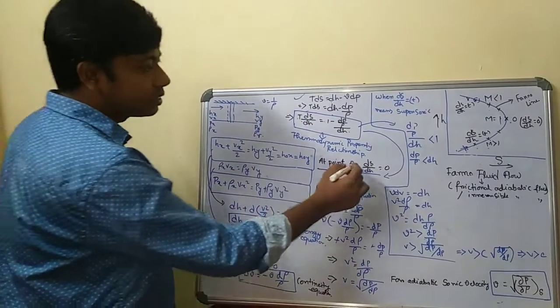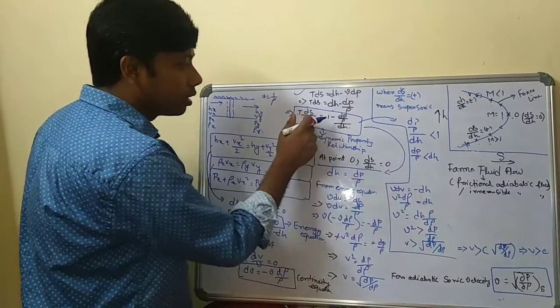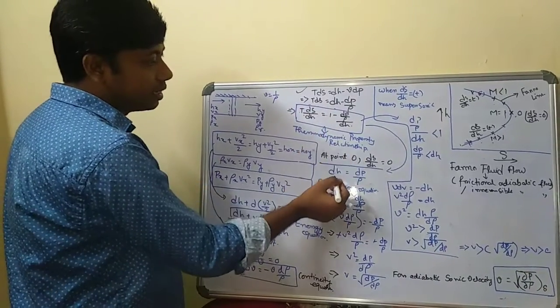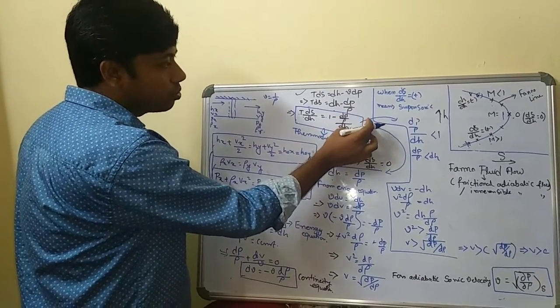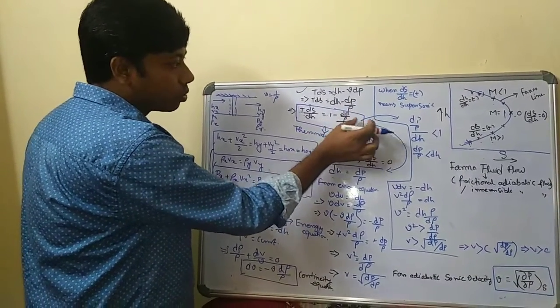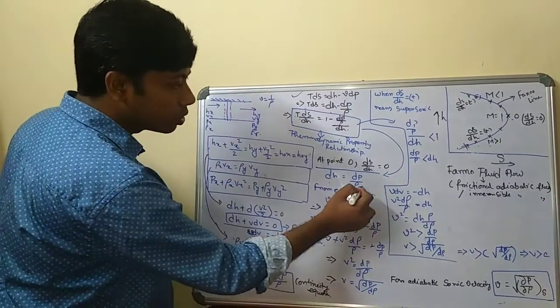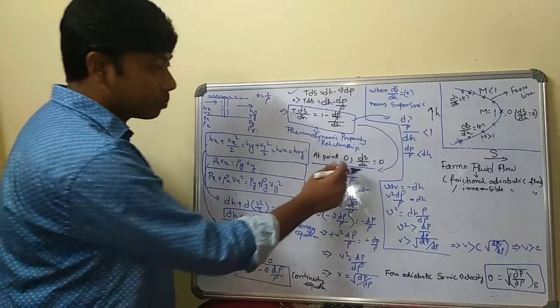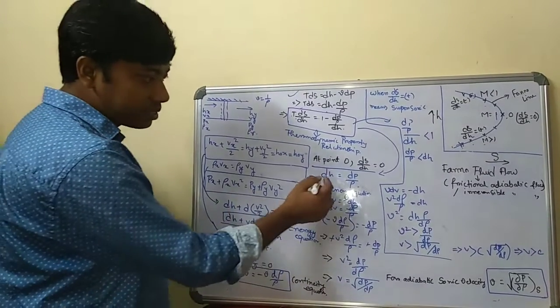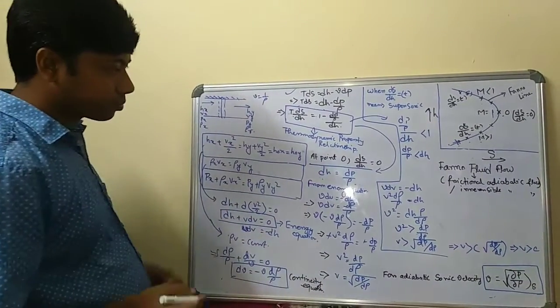If you put the condition dS by dH equal to 0 here, then this term is equal to 0, so dH will be equal to dP by rho.